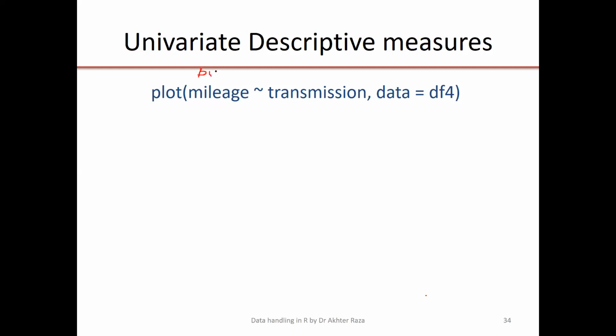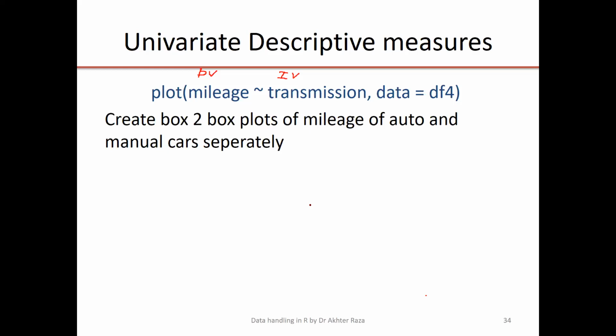The independent variable is a factor variable, while the dependent variable here is a quantitative variable. For the data frame DF4, we are going to construct this plot. The plot command will do what? It will generate two box plots for the mileage variable depending on the automatic cars and the manual cars.